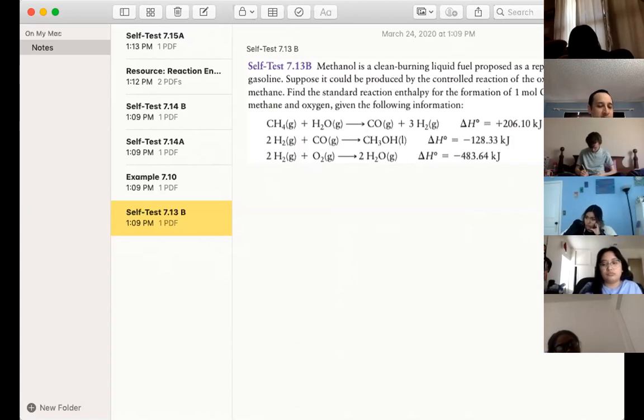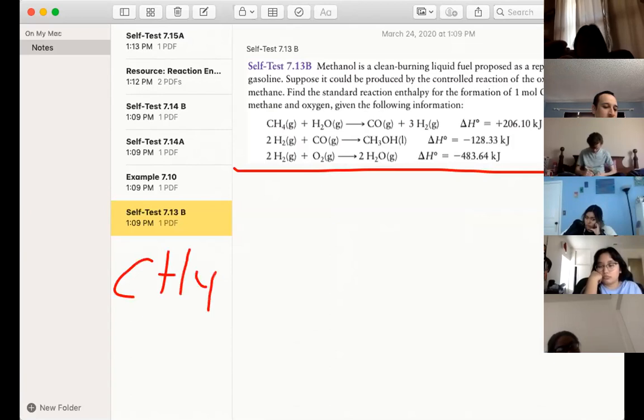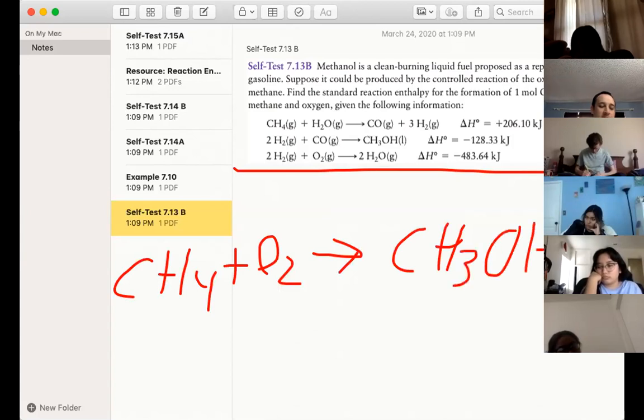All right, so we've got this situation here, where we've got to turn all of this somehow into CH4 plus O2 yields CH3OH. And the only way to balance the oxygens in that equation is to multiply by 2 there and there, okay?